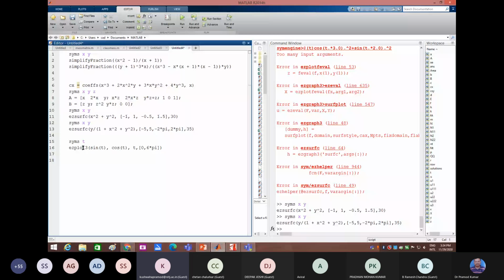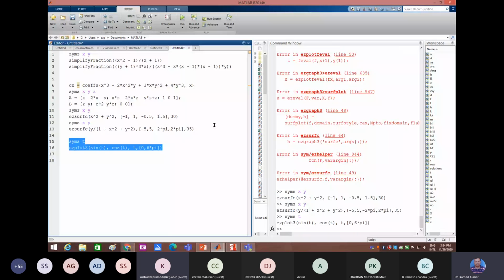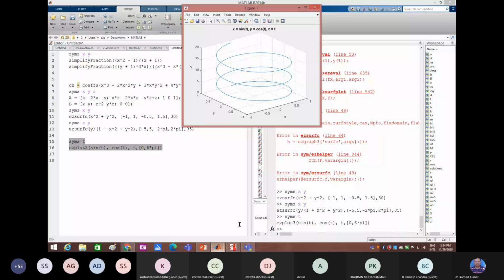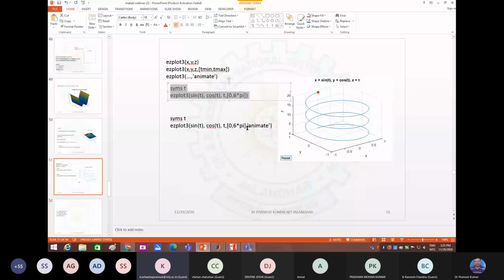Just do it. This is the plot which was expected here, and if you put the animation on this one, the syntax is animate this one, and it will be here.